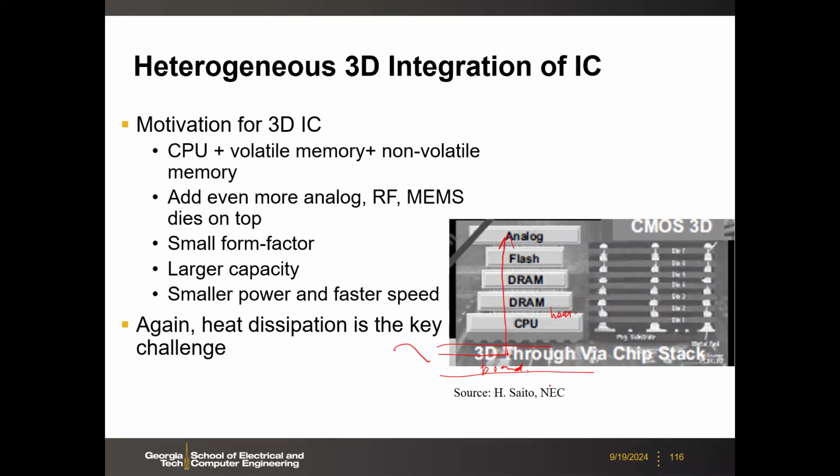The heat cannot go through the board, because on top you will have the TIM, the thermal interface material, whatever you may have there. Then you have a heat sink on the top, with air cooling or liquid cooling or an air fan, going to cool down the system from the top. If you generate the heat here, then it's hard to dissipate. So that's always the challenge in 3D system design.